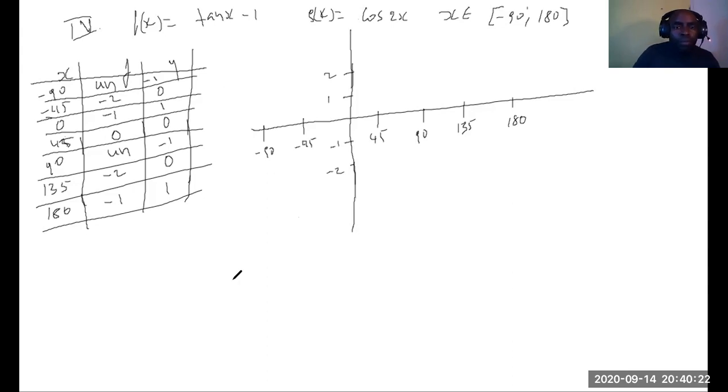I can start with the undefined value at -90. There's an asymptote here. Then again at 90, I've got an asymptote there. Then I've got my zero at 45.